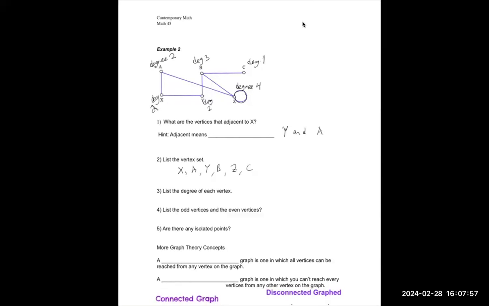Next, it says list the odd vertices and the even vertices. The even numbers are 2, 4, 6, 8, 10, multiples of 2.